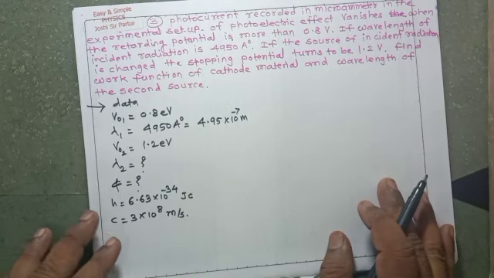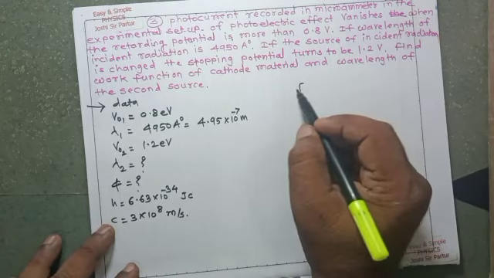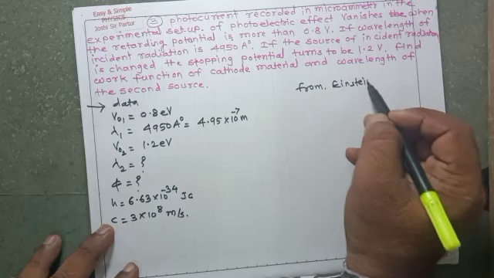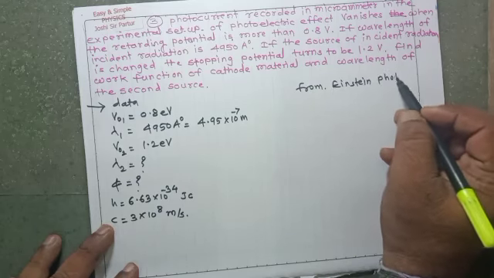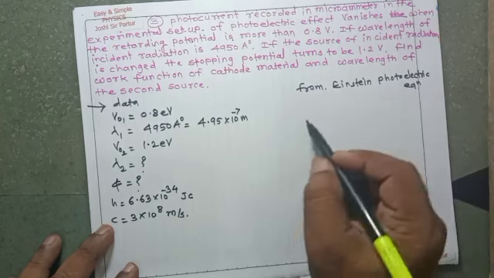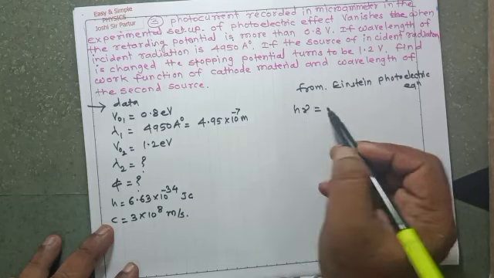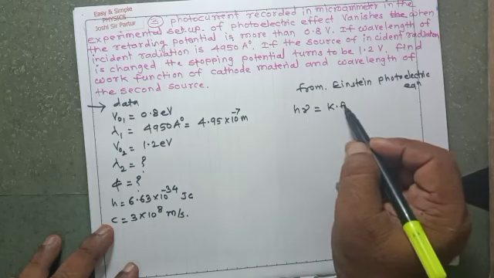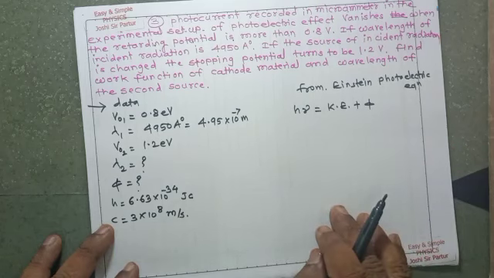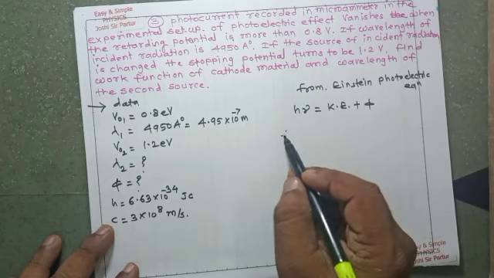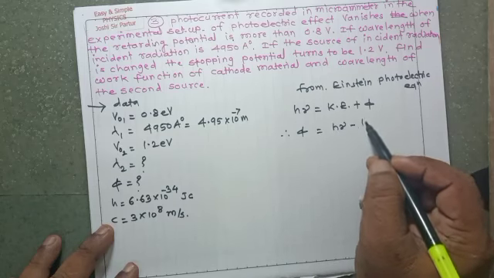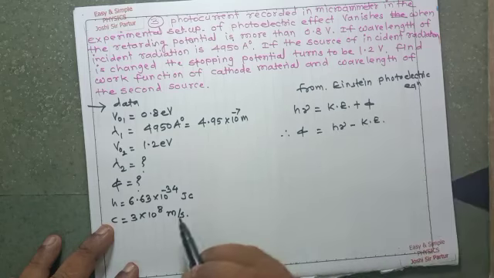So firstly we know that from Einstein's photoelectric equation, h nu is equal to kinetic energy plus phi. We can take it as phi is equal to h nu minus kinetic energy.